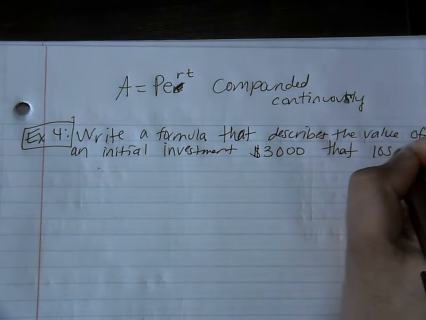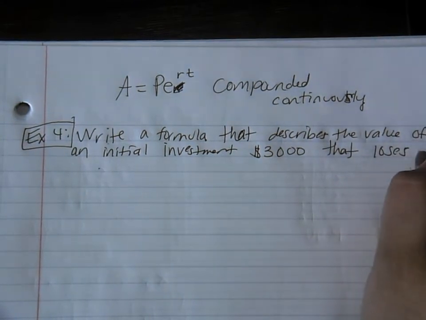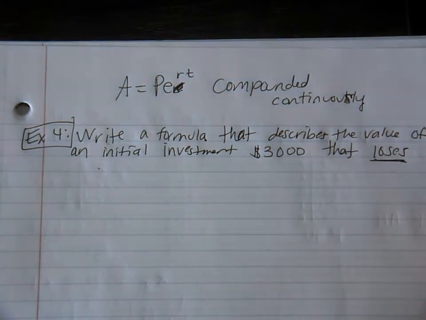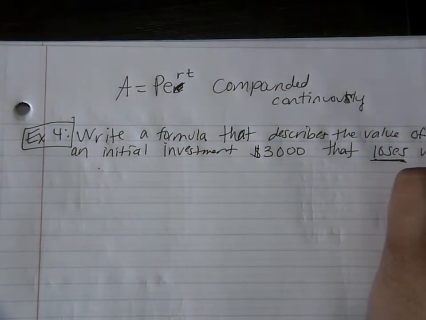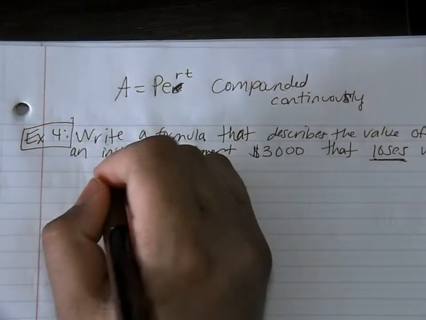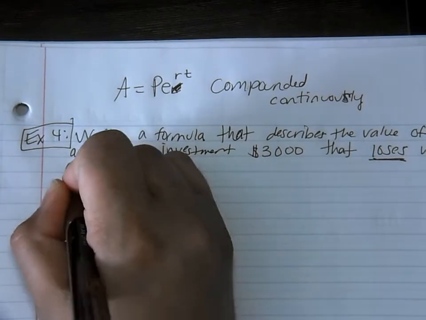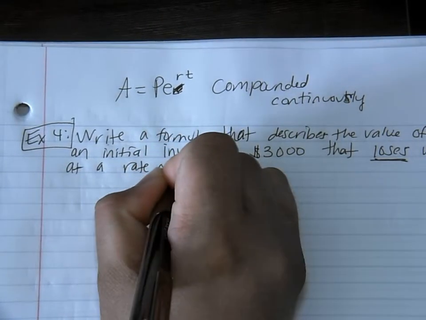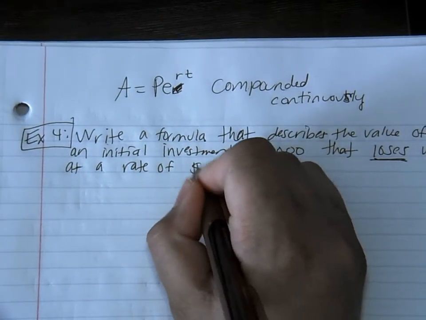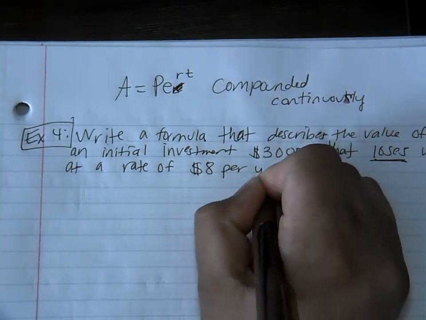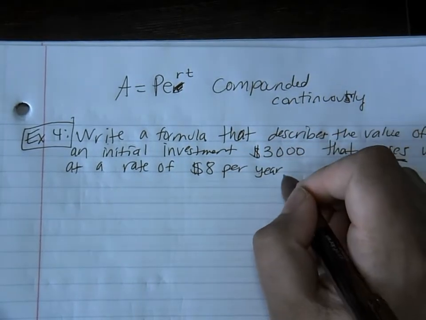We did one of these earlier on the front page. I think it was example 2. But again, look at that word carefully. Loses value at a rate of 8% per year, compounded continuously.